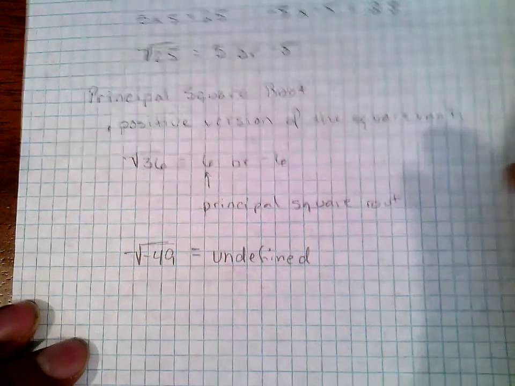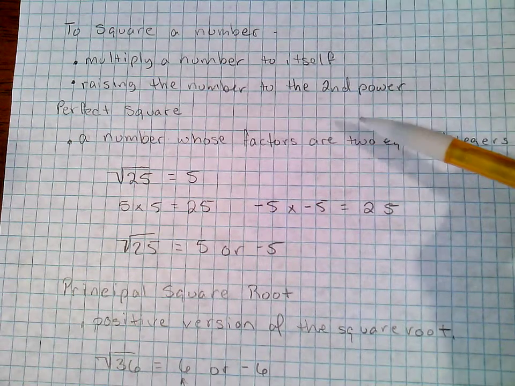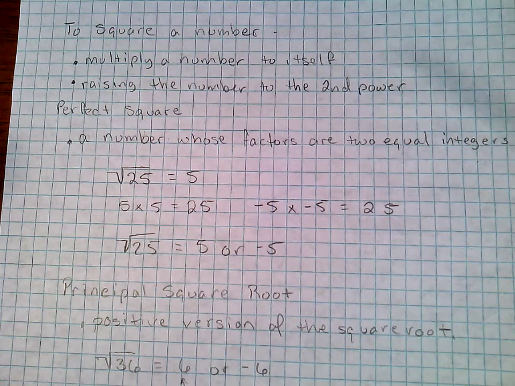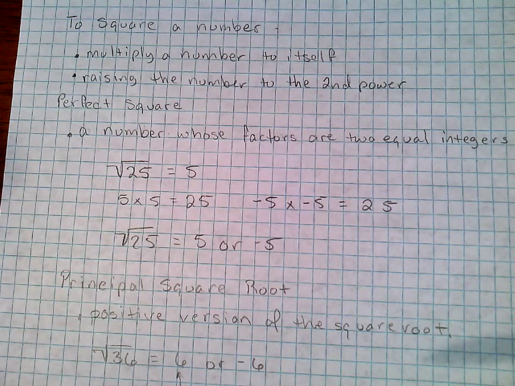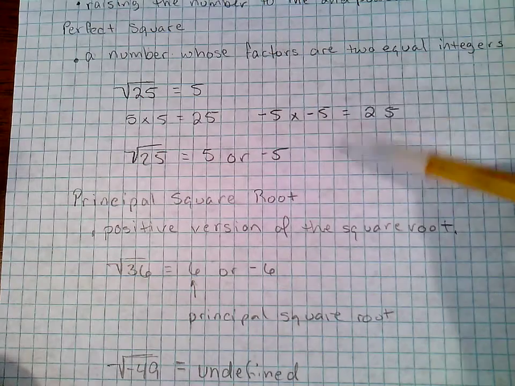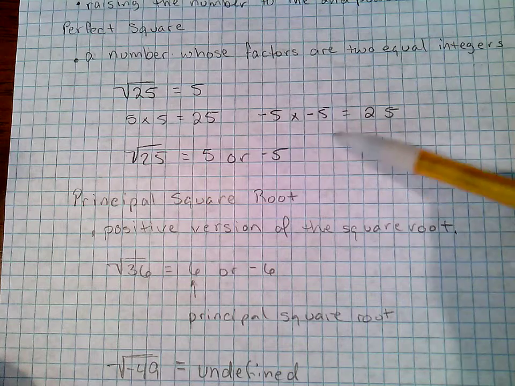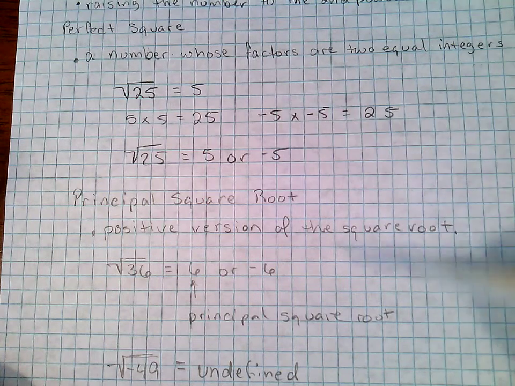All right. So this is what we mean by a square and its root. To square a number, multiply a number by itself, we raise it to the second power. A perfect square is a number whose factors are two equal integers. And it's also possible for a square root to have at least two possible answers.